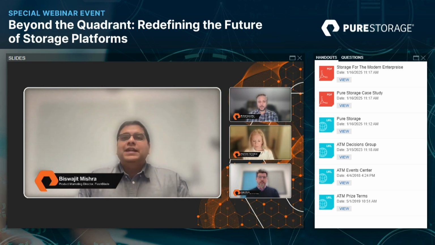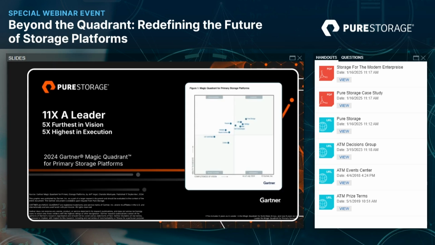And I'm really excited to share that Pure Storage has been recognized as a leader in both of these categories. In the 2024 Magic Quadrant for primary storage platforms, Pure continues to be positioned highest in ability to execute and furthest in completeness of vision. And we have done it for a 5th consecutive year.